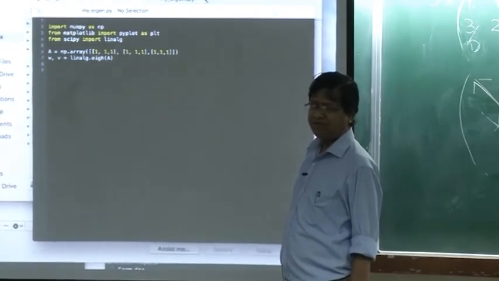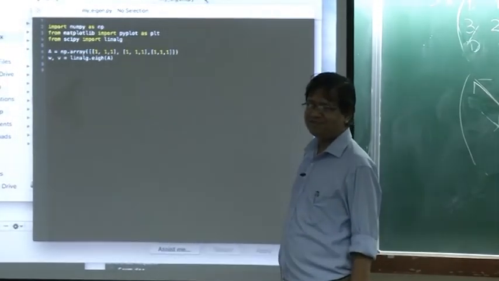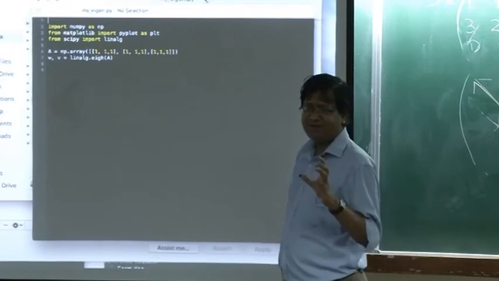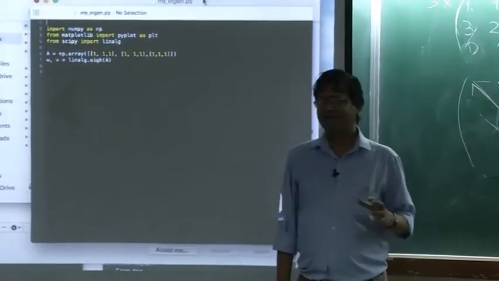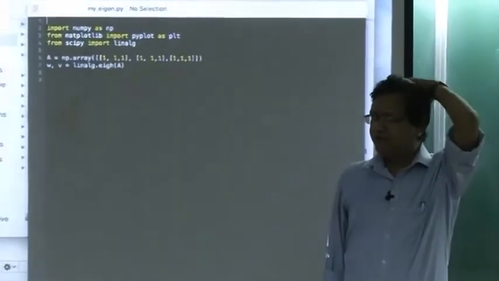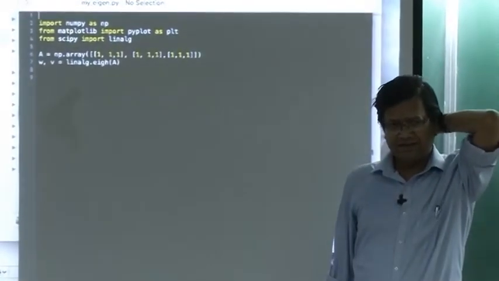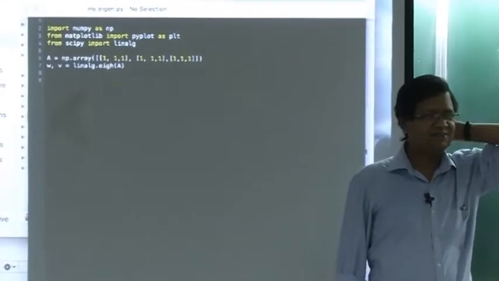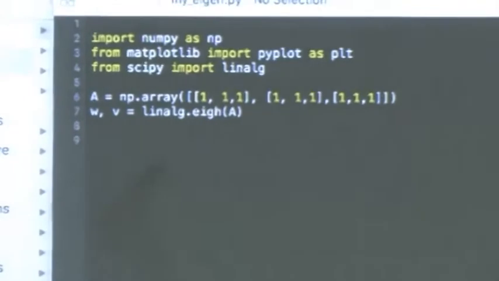You know there are some tricky situations. Every matrix A which is n by n, how many eigenvalues can it have? N. Why should there be n eigenvalues?